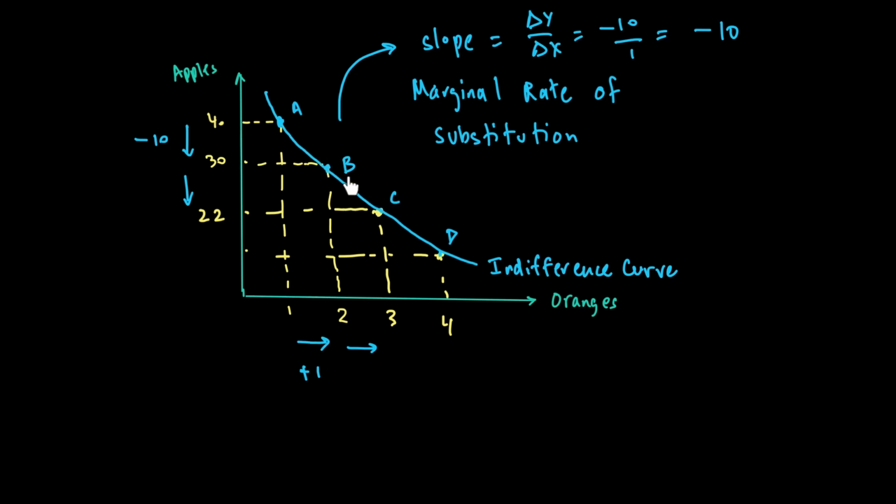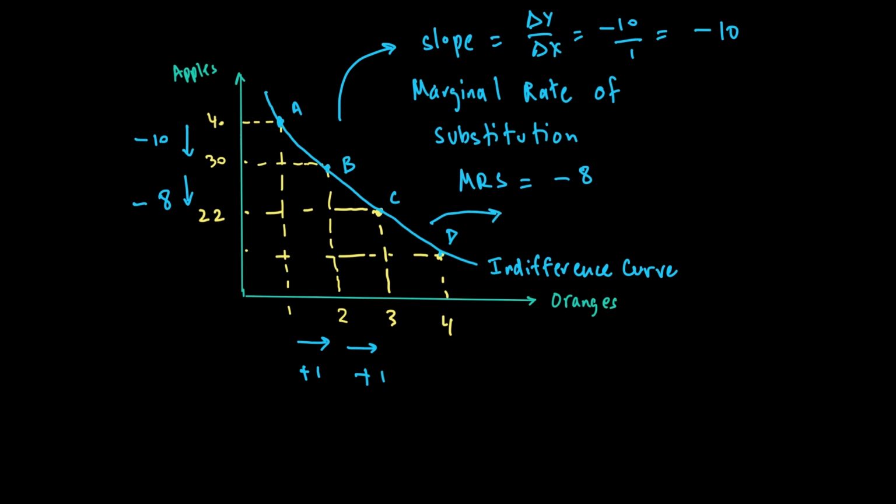Similarly, when I go from B to C, my marginal rate of substitution becomes minus 8. For every one orange that I get, I lose 8 of apples, so my marginal rate of substitution is minus 8.